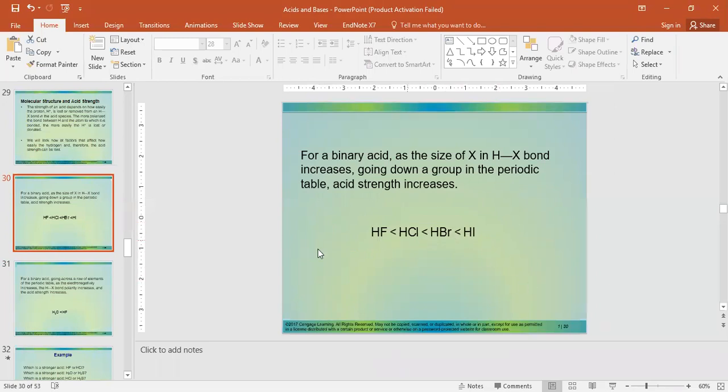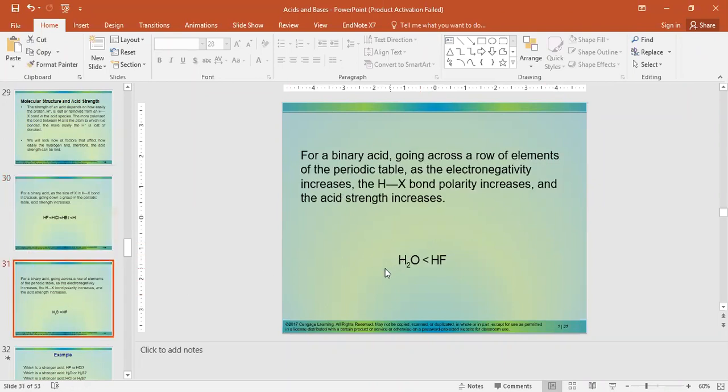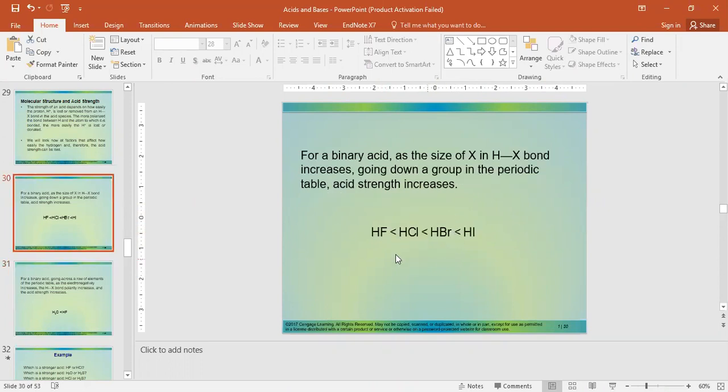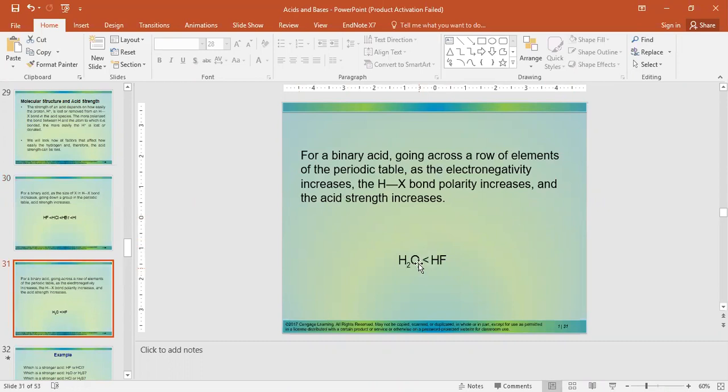Now, here we are looking at the size of the atom with respect to how strongly held the hydrogen is. What we are comparing here and what we are comparing here are totally different things. Here, we are comparing halogens only. But here, we are comparing oxygen and a halogen.